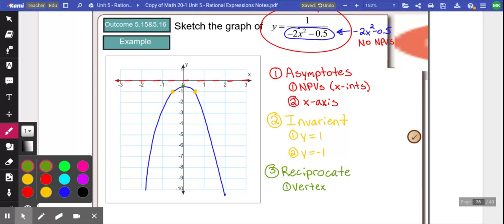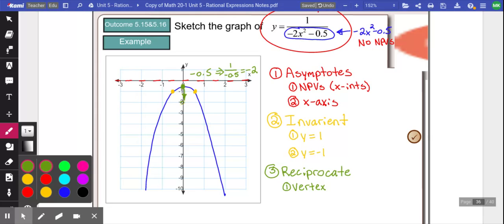In this case, it's at negative 0.5. And you need to reciprocate it. That means you need to do 1 divided by negative 0.5, which if you put in your calculator is negative 2. That means this point will reciprocate.